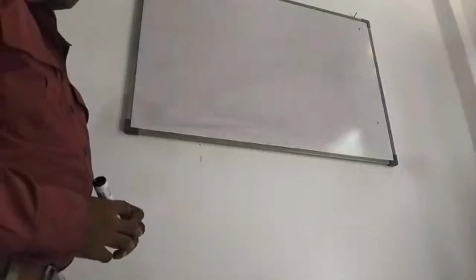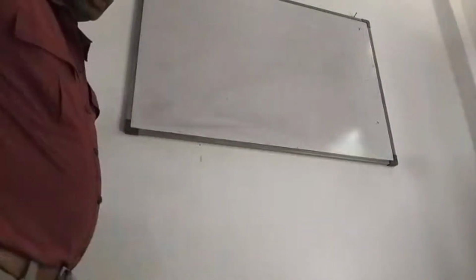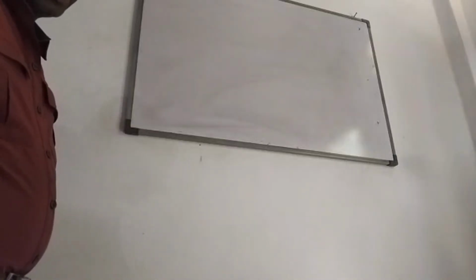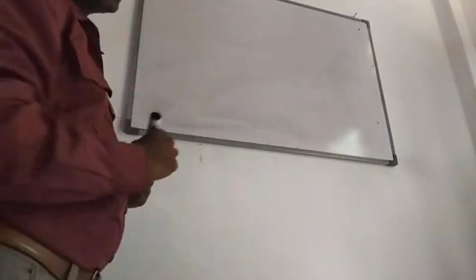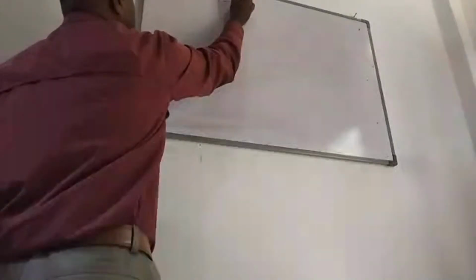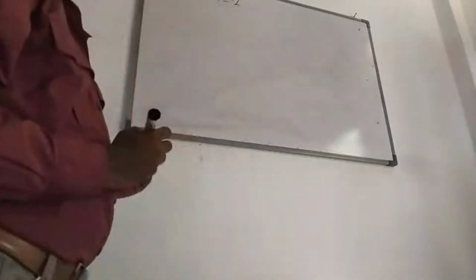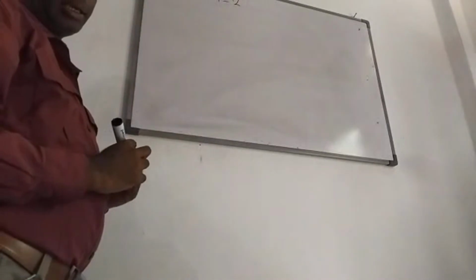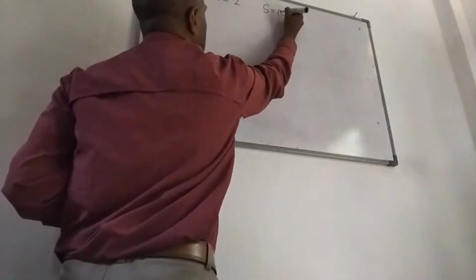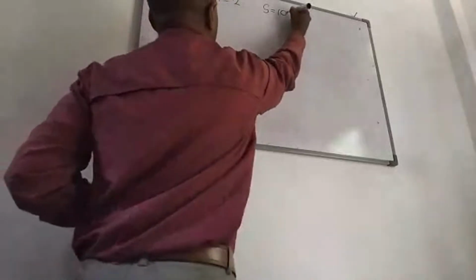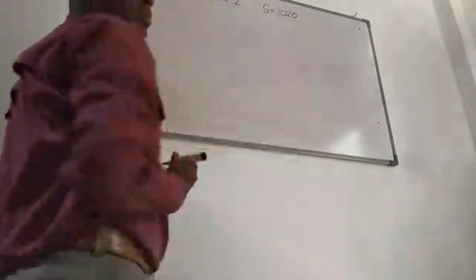How many of the initial terms should be added from the geometric progression with first term 4 and common ratio 2 for the sum to be equal to 1020? This is the question.